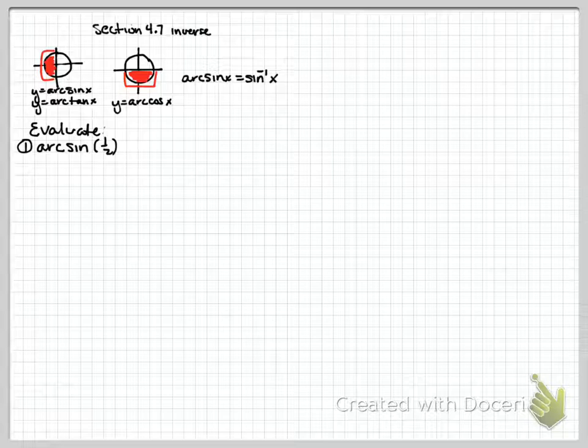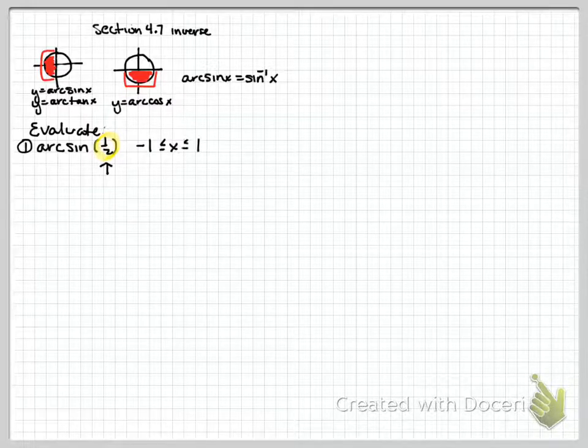So the first thing I have to do is decide if this number right here, can I have it? Can I have a 1/2? Well, we have to go back to our sine, and sine has to be in between -1 and 1.